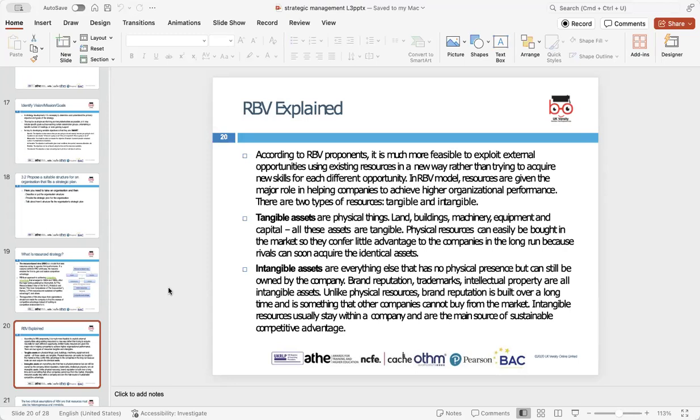So these intangible assets often serve as the main source of a company's sustainable competitive advantage, helping the business stand out in a crowded market. In simple words, RBV suggests that firms should focus on developing and protecting their unique resources, particularly intangible ones, to maintain a competitive edge in the long run.